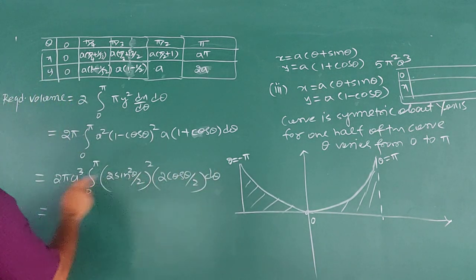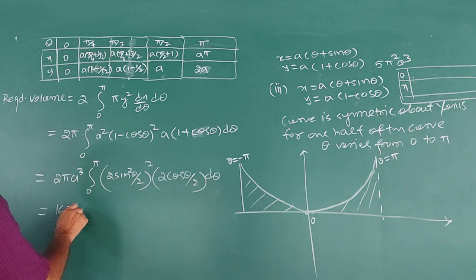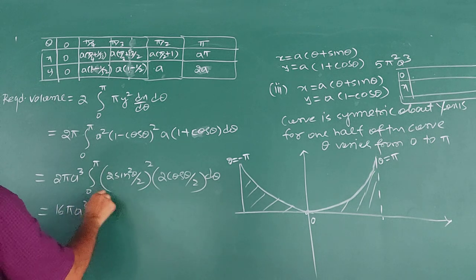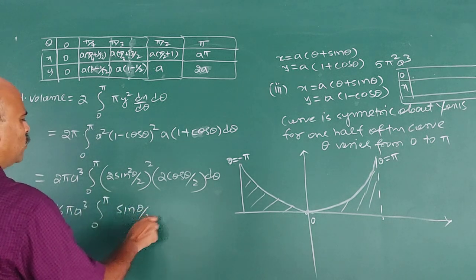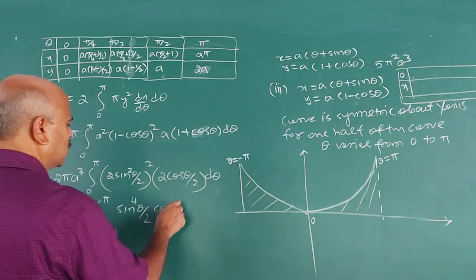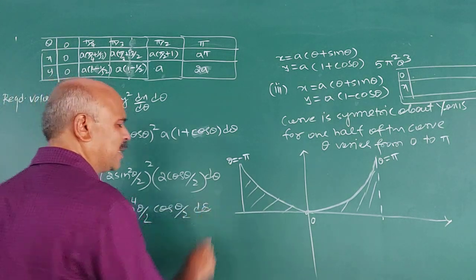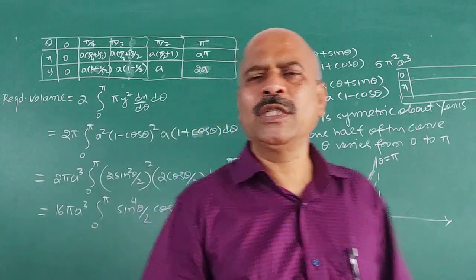4 into 2 is 8, 8 into 2 is 16. So 16 pi a cube integral 0 to pi sin theta by 2 raised to 4 cos theta by 2 with respect to theta. I hope all these steps are clear.